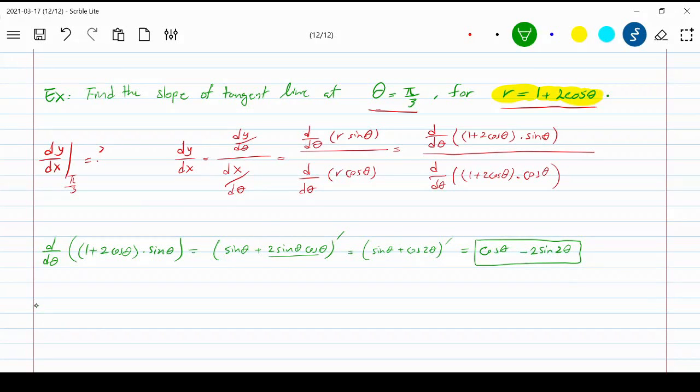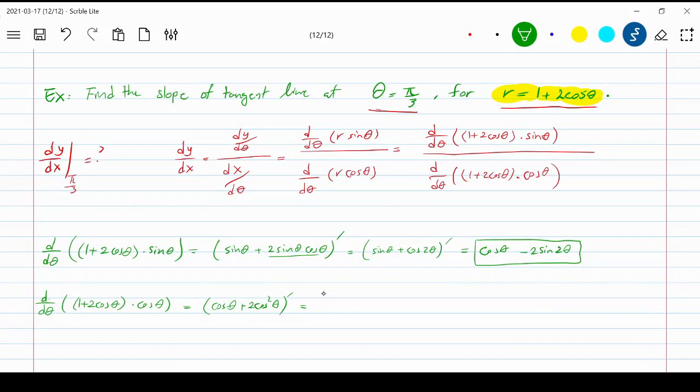Similarly, the derivative of the denominator, d over d theta of 1 plus 2 cosine theta times cosine theta, would be the derivative of cosine theta plus 2 cosine squared theta.